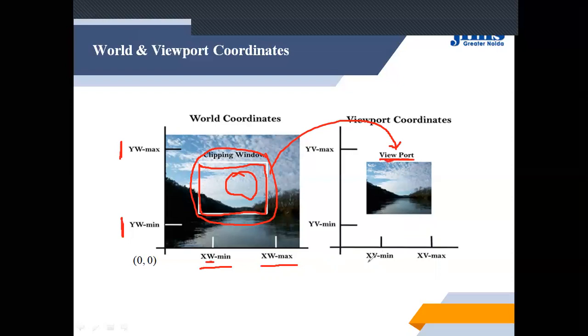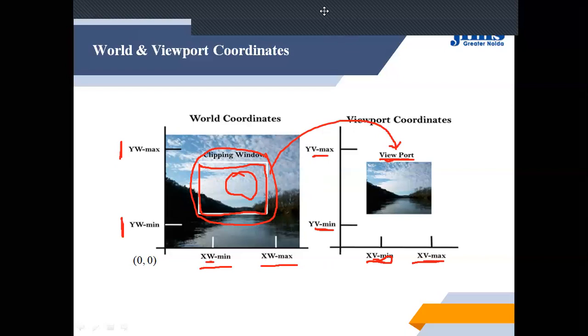The coordinates of that on x-axis are v min, meaning viewport minimum coordinate, and viewport maximum coordinate on x-axis, whereas view minimum coordinate on y-axis and view maximum coordinate on y-axis.